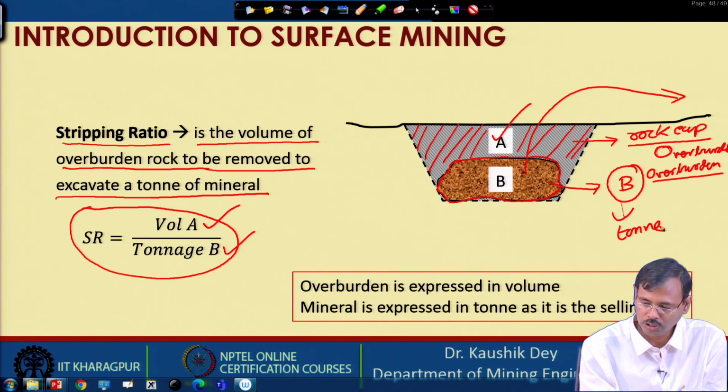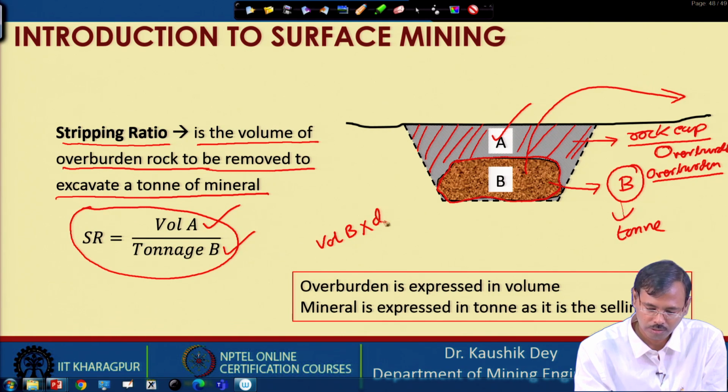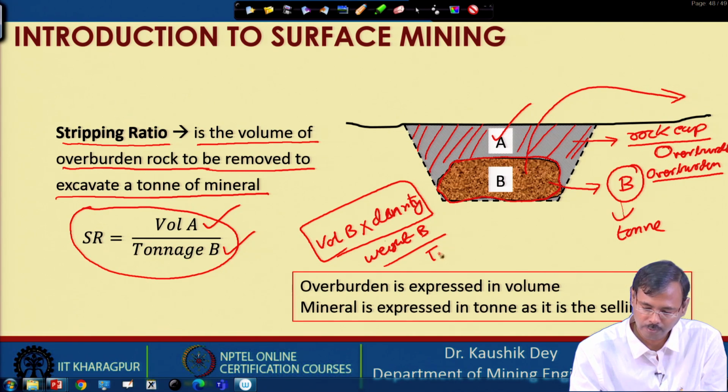So, this is tonnage B, meaning the volume B multiplied with the density gives us the weight B, that is called tonnage.